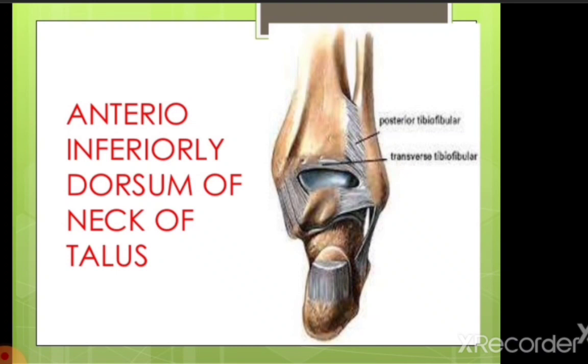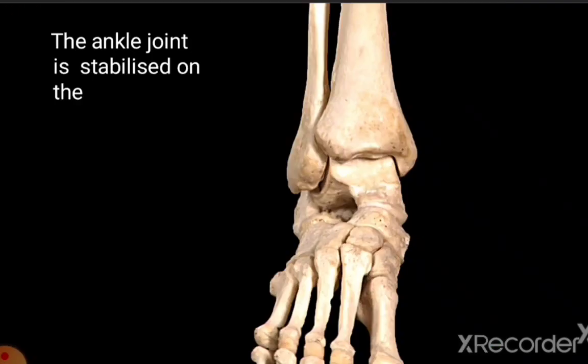Now on the anterior inferior aspect, here again the fibrous capsule is deficient on the dorsum of the neck of talus. Now this ankle joint is stabilized on the talus. So this is the main summit for the formation of ankle.